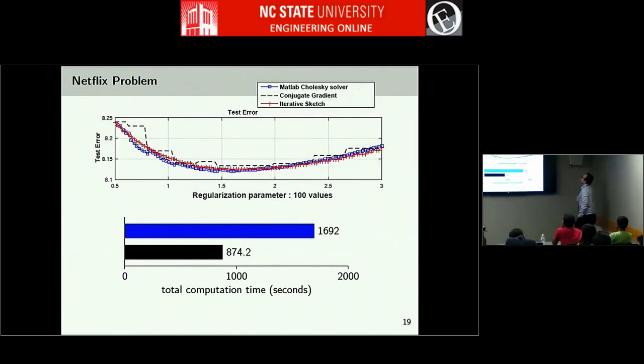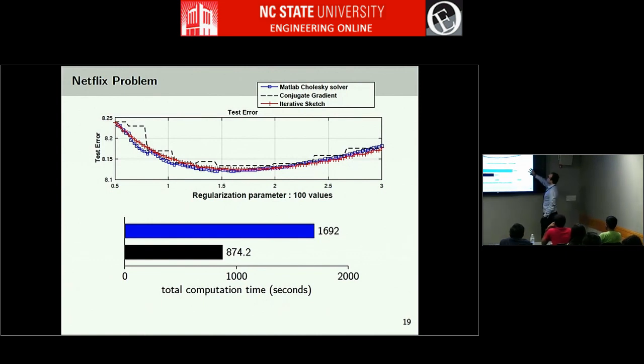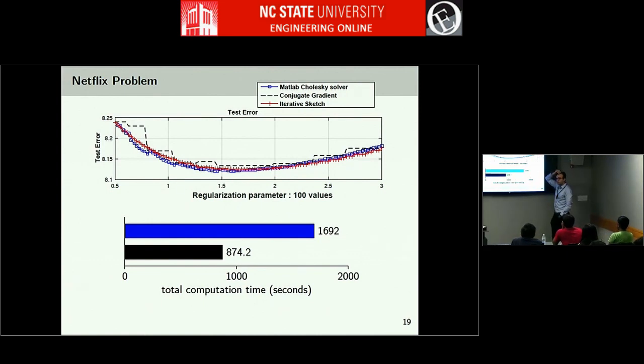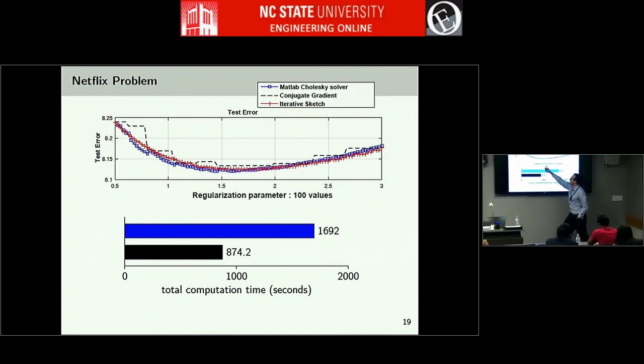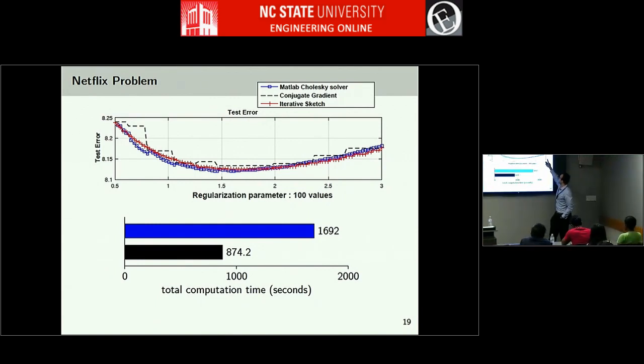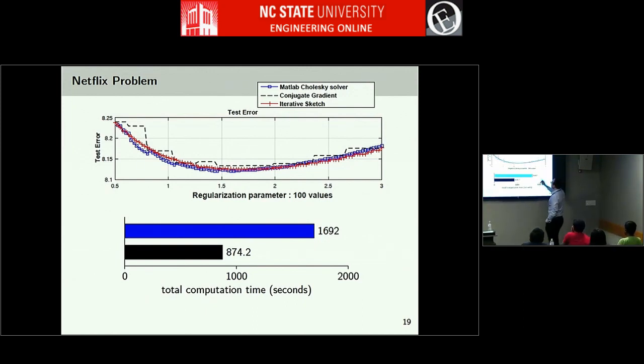If you solve these least squares problems with L2 regularization, also called ridge regression, with the MATLAB backslash operator, which does Cholesky decomposition, you will get this blue curve in the test error as you vary the regularization parameter. And then you will probably pick this one, which will minimize your test error. But this takes 1,700 seconds, okay? This is like half an hour.